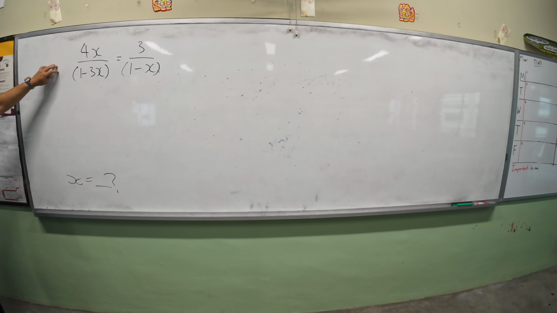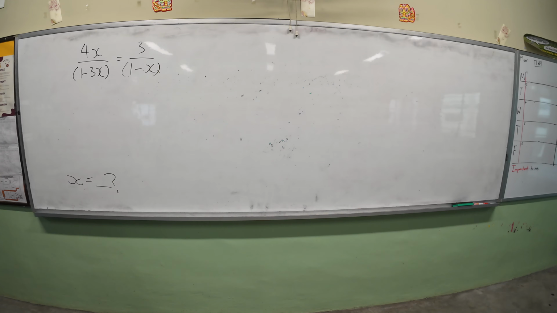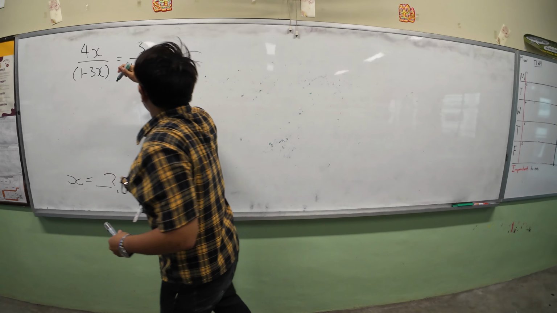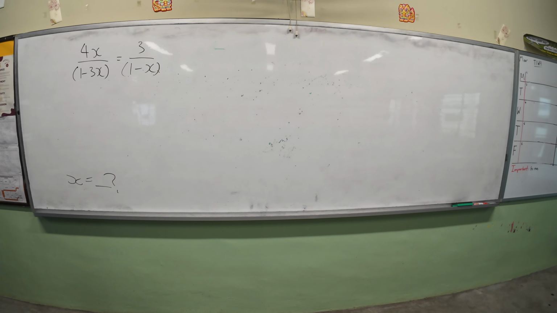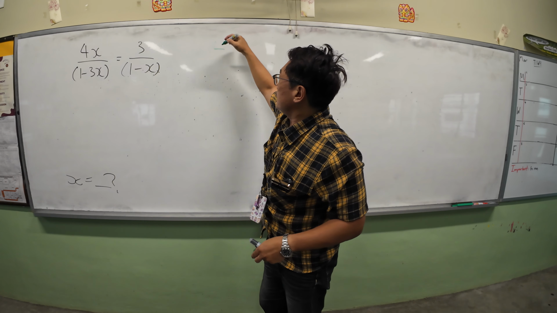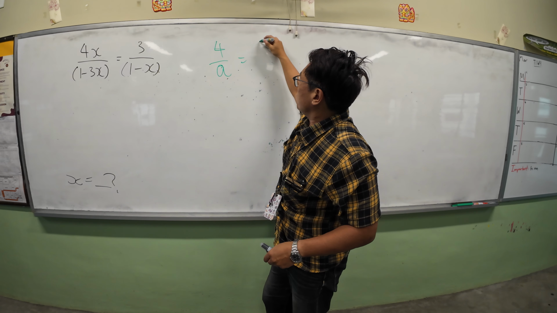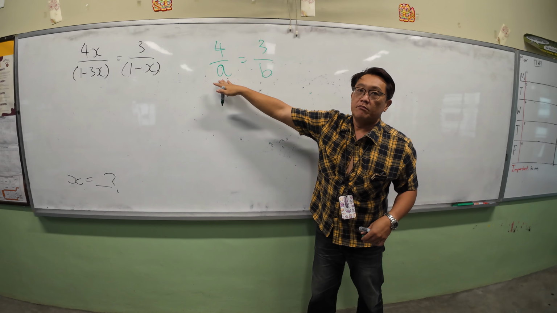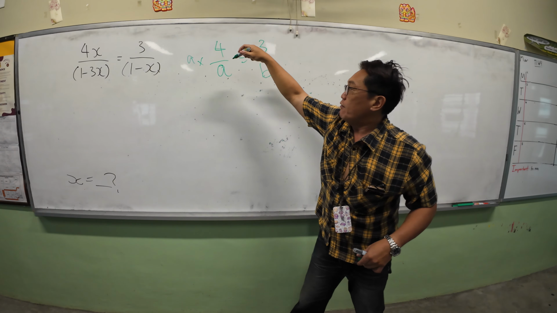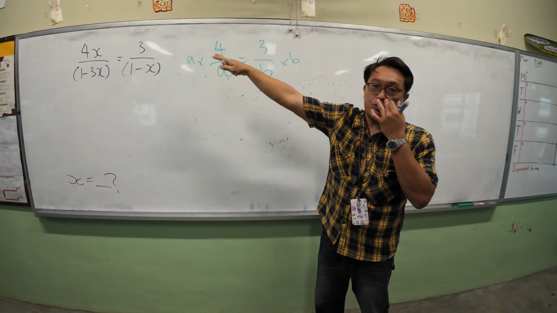So if I don't want any denominator, okay? If I make it a bit simpler, if instead of the equation being so complicated, I have 4 over A equals to 3 over B. If I don't want any denominator, I will multiply A, I will multiply B. But because equation, everything I multiply, I must multiply throughout the equation.